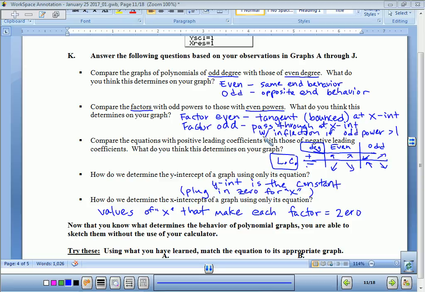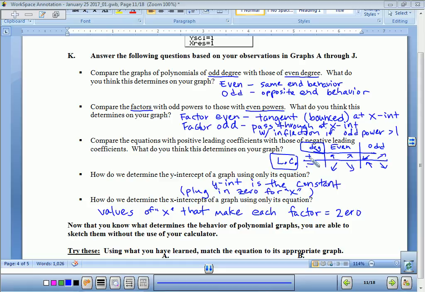Now, it passes through with inflection if that odd power is greater than 1, like the cubics. That's where it switches concavity, from concave up to concave down, or the reverse of that, concave down to concave up. Now, the leading coefficients, what do they tell us? They tell us which way this end behavior is going.